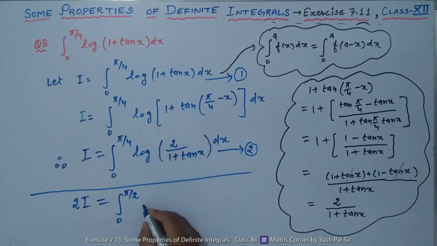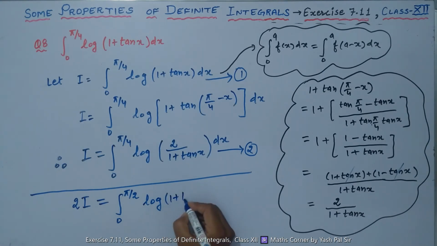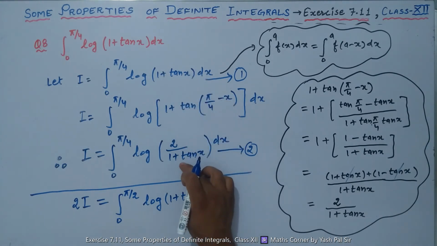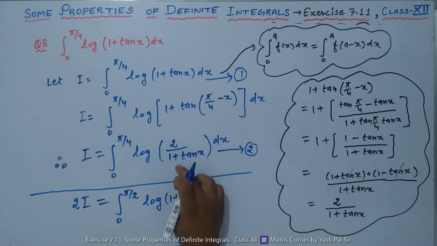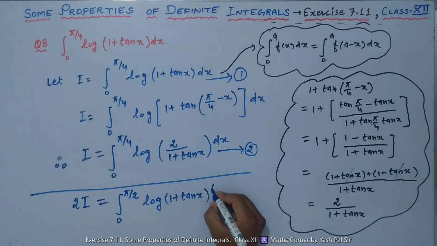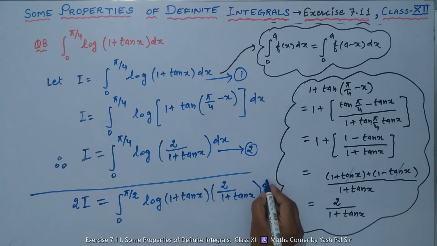So log m, what is m? m is 1 plus tangent x, into what is n? n is 2 upon 1 plus tangent of x, into dx.